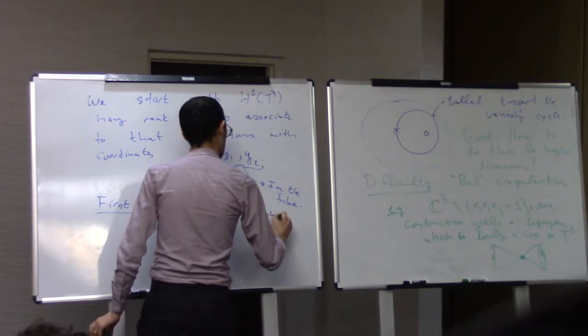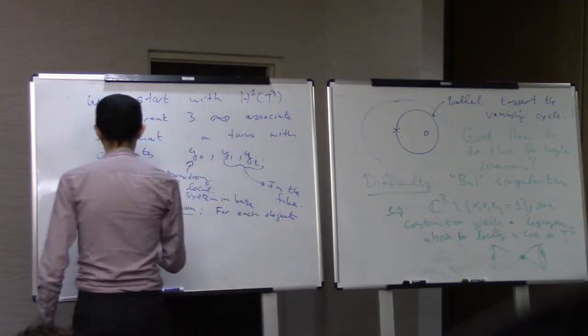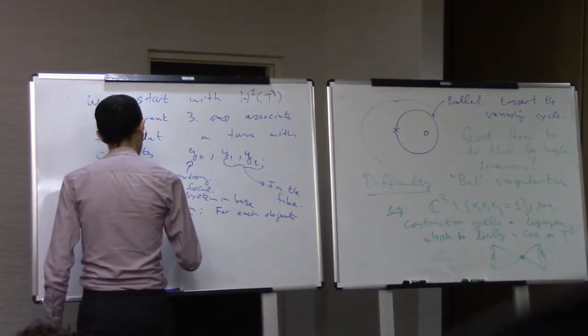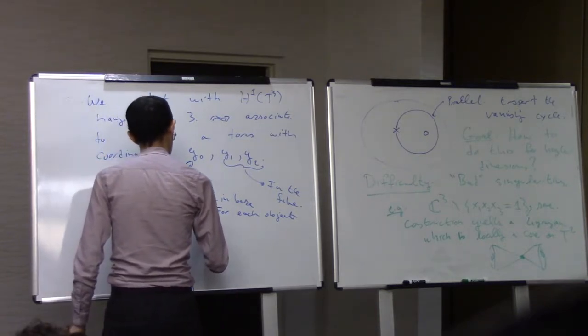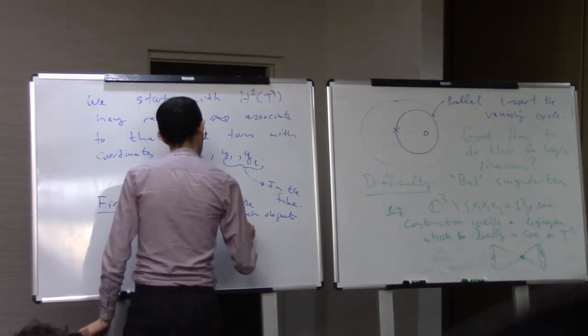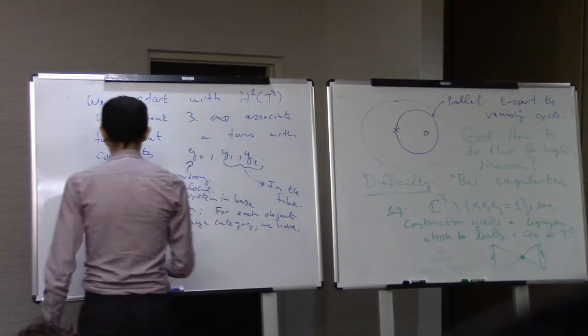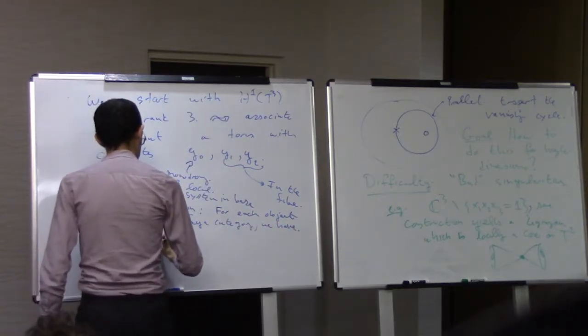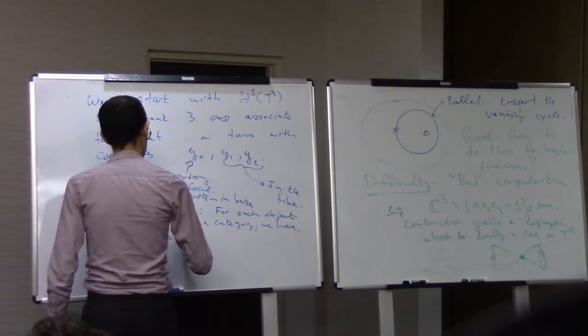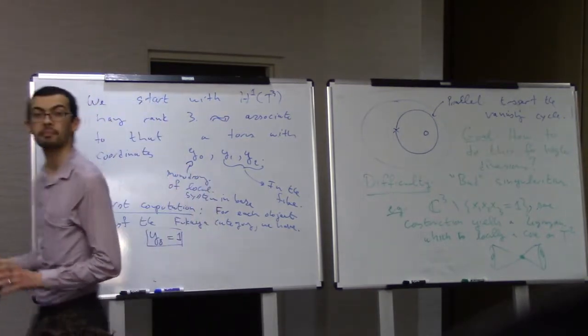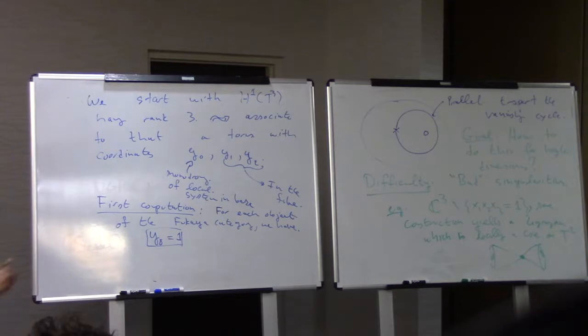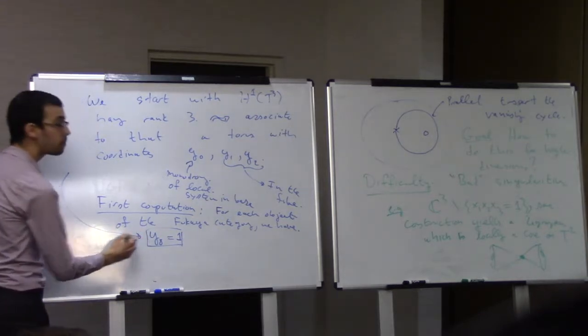Each object of the Fukaya category, we have y0 equals 1. Okay? So this is some equation.